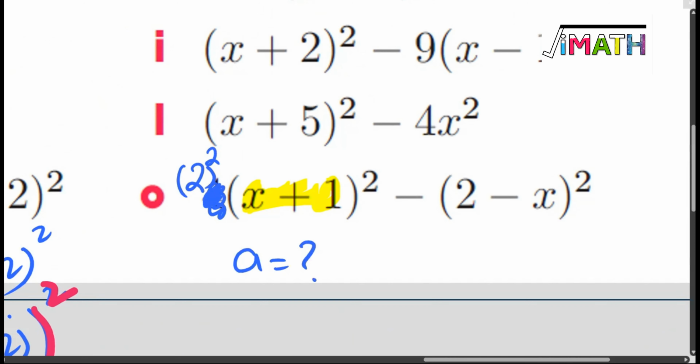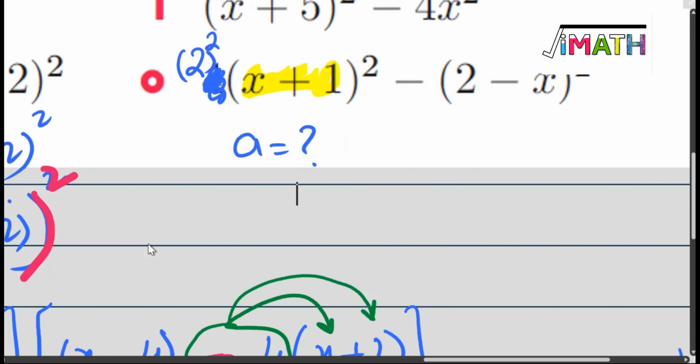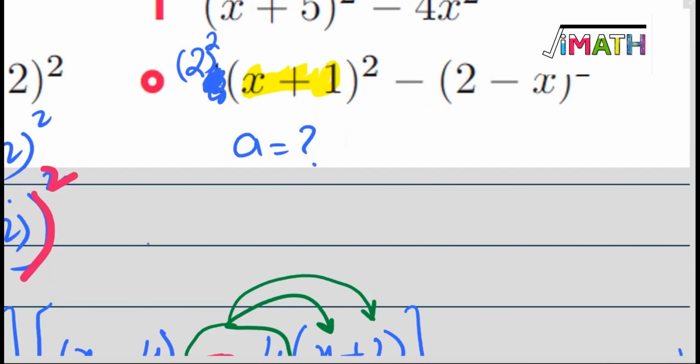So A would be x plus 1. And then B is... No, that's incorrect. I'm just asking you for A. Oh, yeah, okay, so A is x plus 3. I mean x plus 1. How about this 2 square? So if you see here, let's say this is x square and this whole factor is y square.